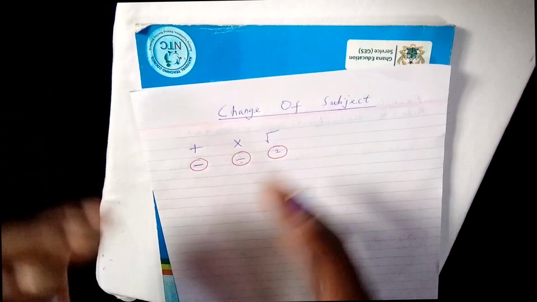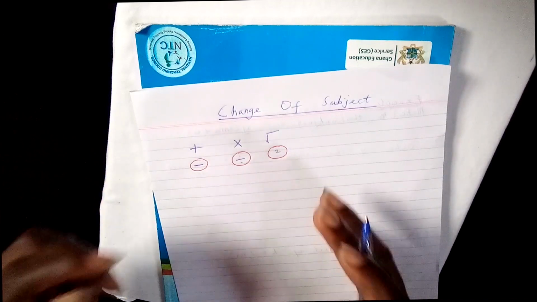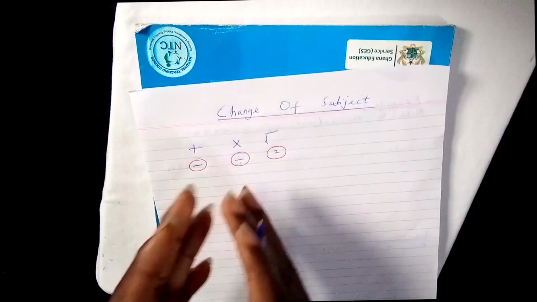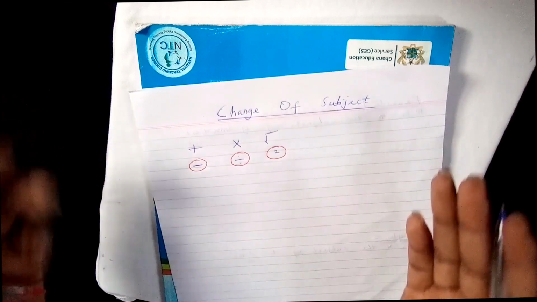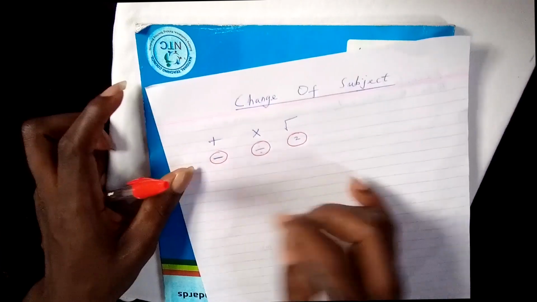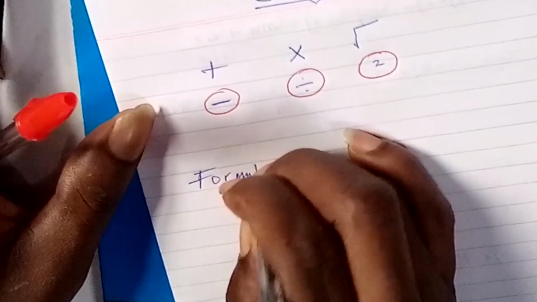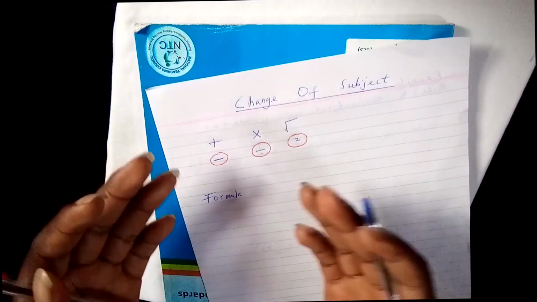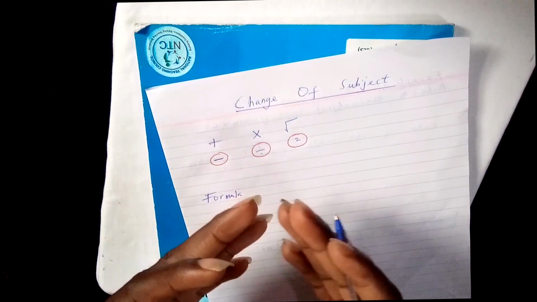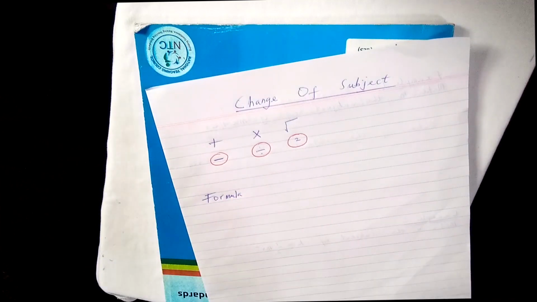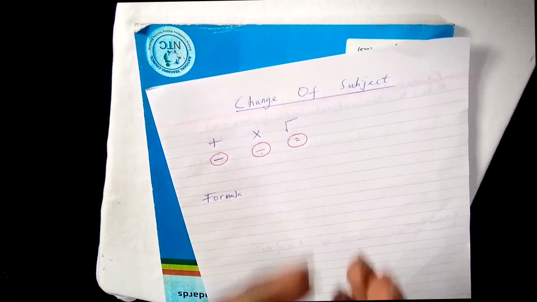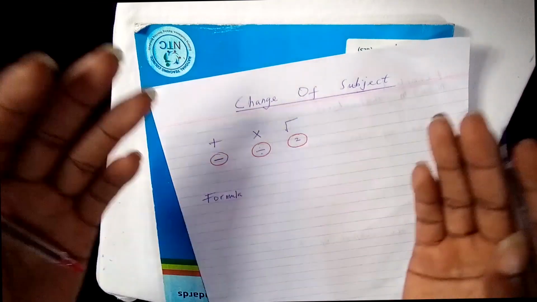Let's look at the following terms that could guide us to understand the concept of change of subject clearer and faster. Now, we have formula. A formula is an equation which expresses one symbol, called the subject, over other symbols.